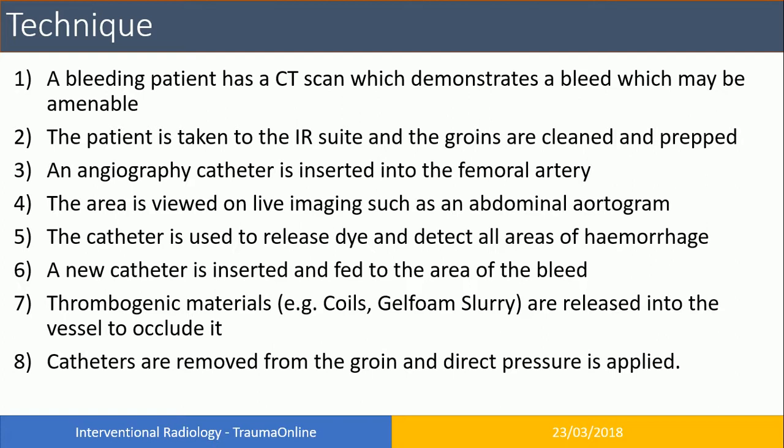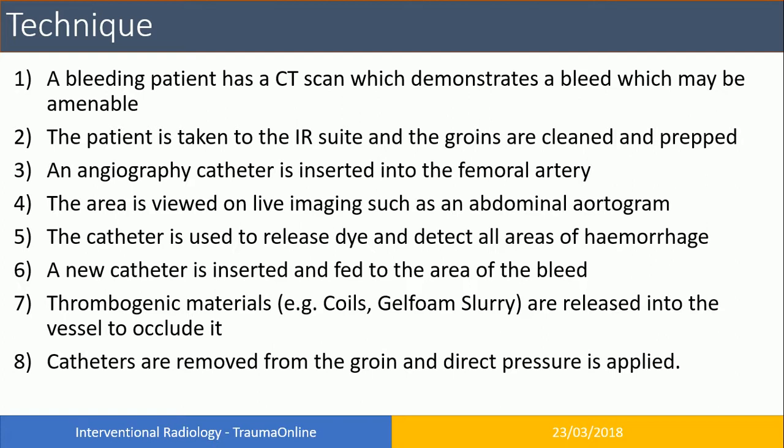They then will place essentially an X-ray above the area where they're trying to work, so above the pelvis, and they will utilize their catheter to then release dye into this area. And with this live X-ray imaging and the dye, they'll be able to detect all the different areas in which there is bleeding.